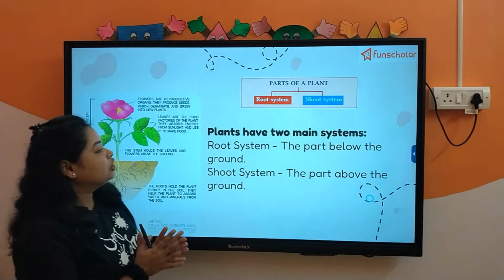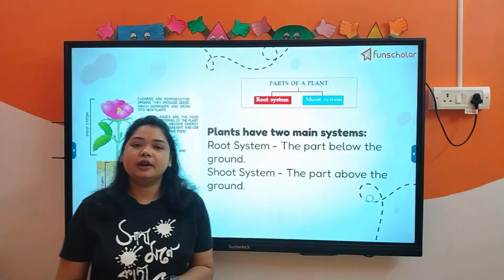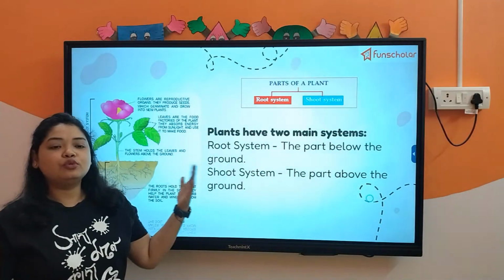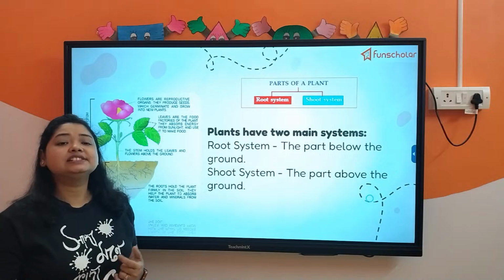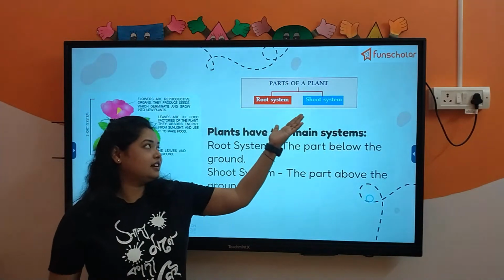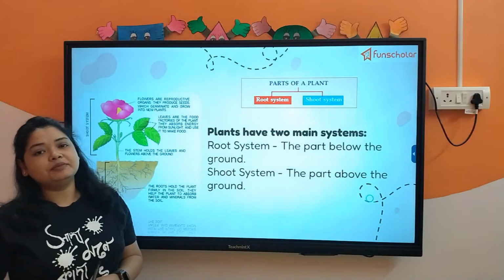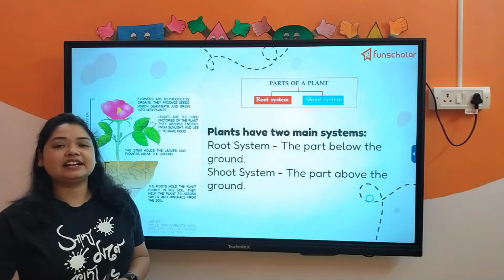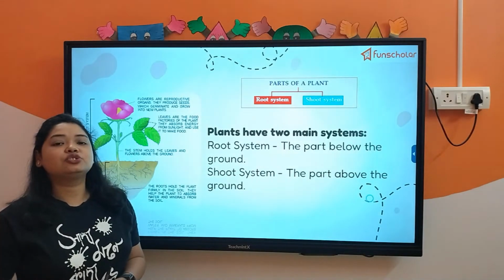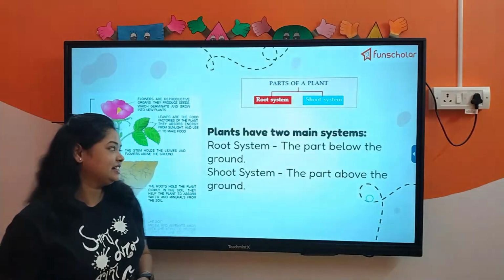So first coming to the parts of a plant. We all know that plants have two broad categories as parts. One is the root system, another is the shoot system. Primarily, root system is the part of the plant that stays below the ground, and shoot system is the part of the plant that stays above ground.